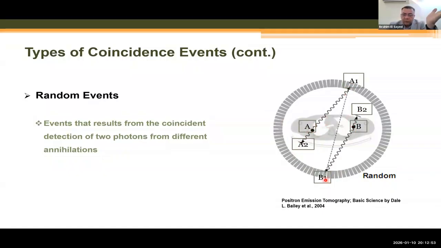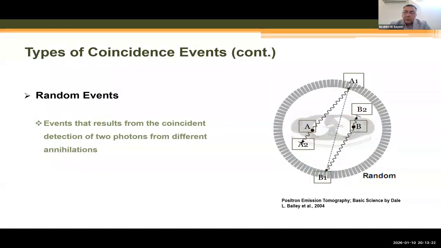Why does it matter also? Random events distribute noise throughout the image, degrading image quality and reducing signal-to-noise ratio. They increase apparent counts in low activity regions and can create false hotspots. The frequency of random events increases with increasing injected activity, so more activity will make it higher.